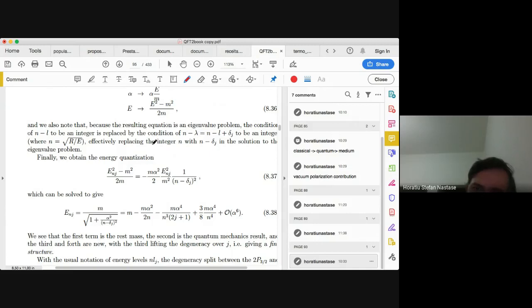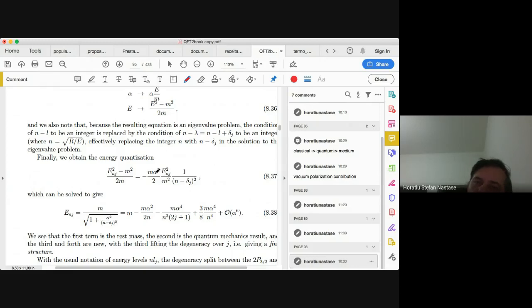So the non-relativistic E was minus M alpha squared over 2 N squared, right? But alpha is replaced by alpha E over M.